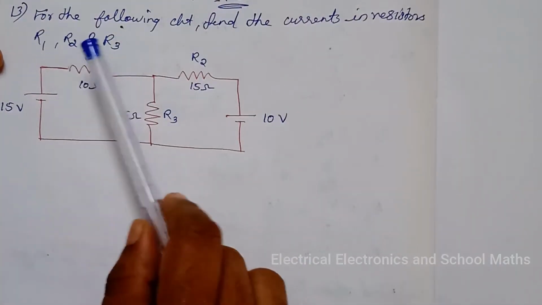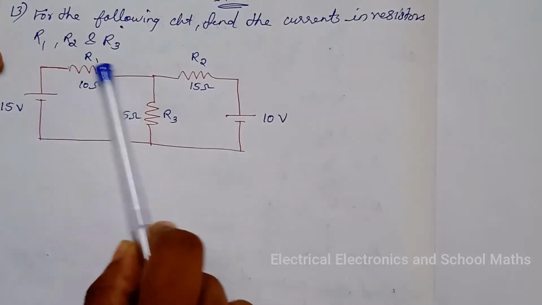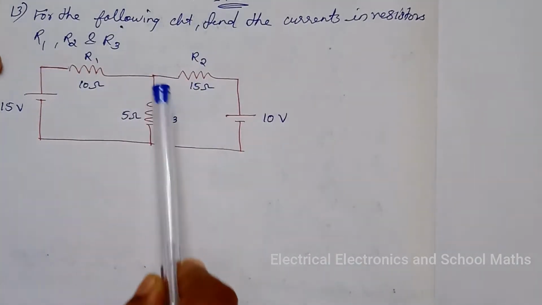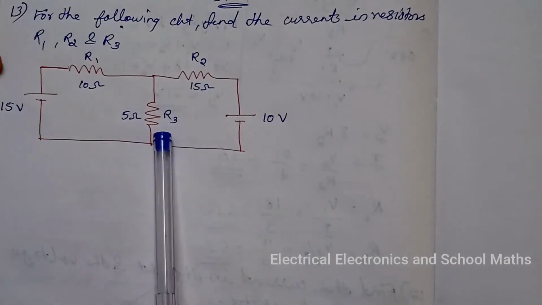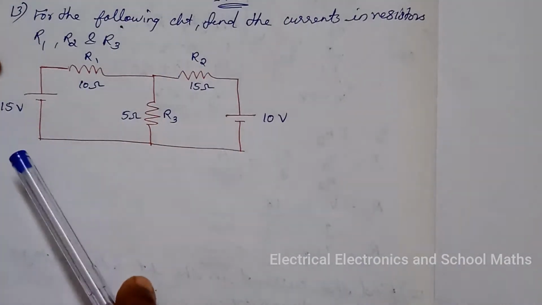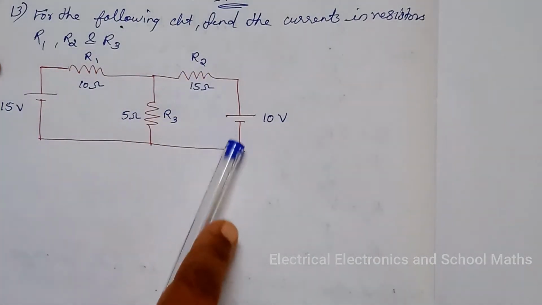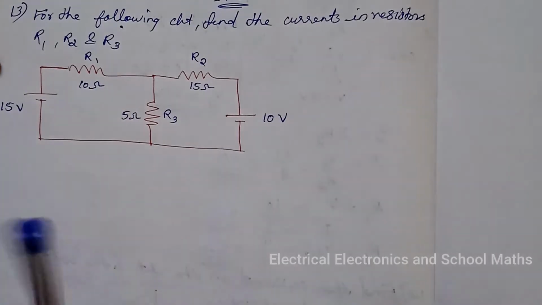Next problem. For the following circuit, find the currents in the resistors R1, R2 and R3. This is the circuit, and this is one of the important problems in the exams.